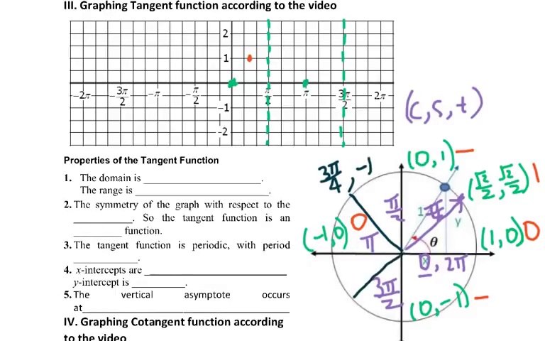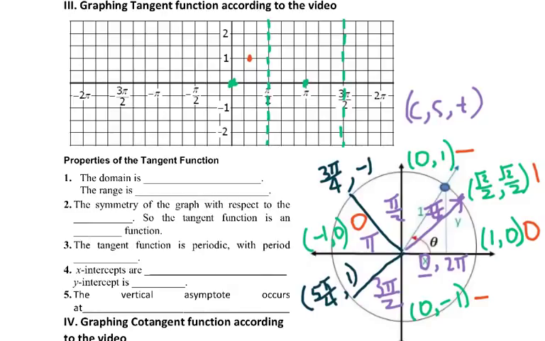For the third quadrant, you have 5 pi over 4, and tangent there is 1, because tangent of 5 pi over 4 will be positive. That's +1.